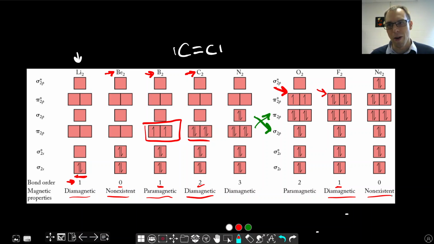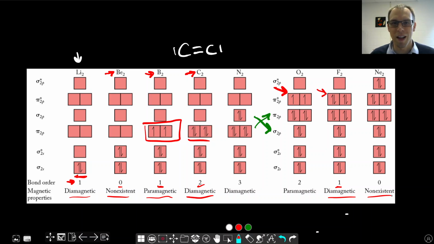All right, so that's what's happening across the periodic table as we go from left to right. And I'll just point out as a final note as we finish up talking about molecular orbital theory, this is just a brief introduction. So this idea of molecular orbital theory underlies how we understand bonding in very large molecules as well, not just these small diatomic molecules. It gets a lot more complicated as you get more atoms, but we have computer programs that we use to calculate these molecular orbitals, for diatomics as well as for larger molecules.